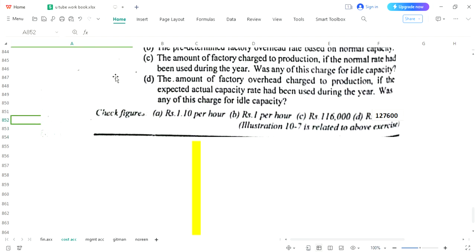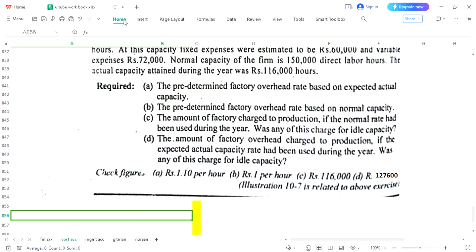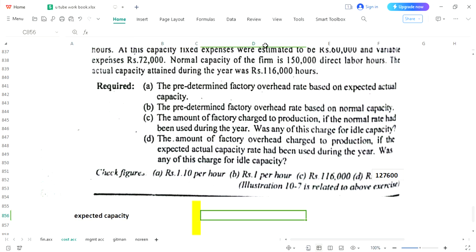So, the segregated page. Now on the left side we will try to make it. First we will check what the first requirement is: the predetermined factory overhead rate based on expected capacity. So whatever is given related to expected capacity, we will note it down over here, expected capacity. And here, the second, the hours given in the question, normal hours, so we will deal with normal capacity over here.